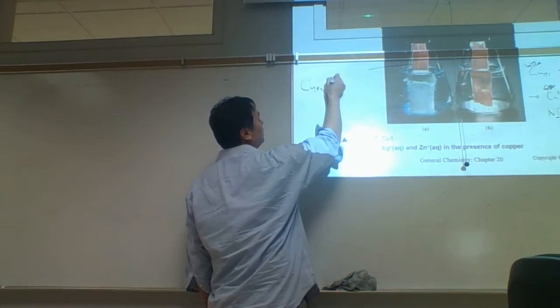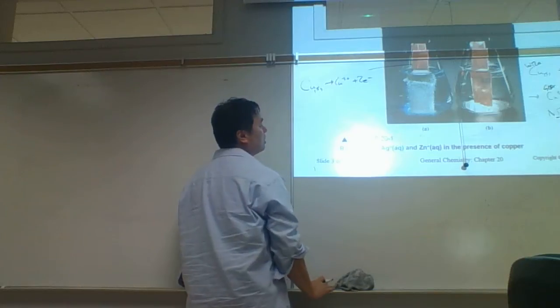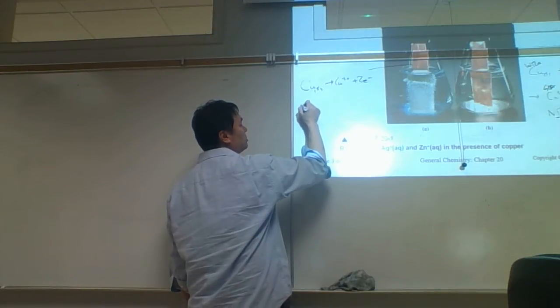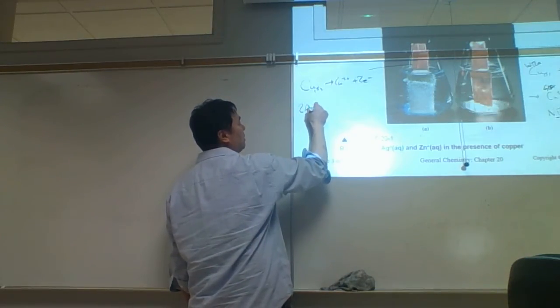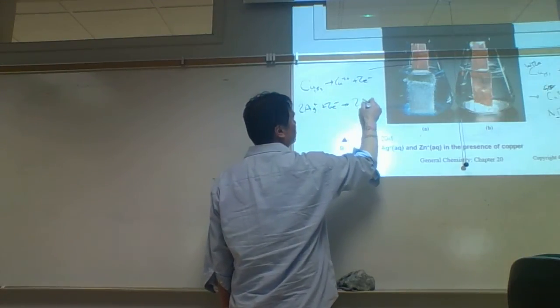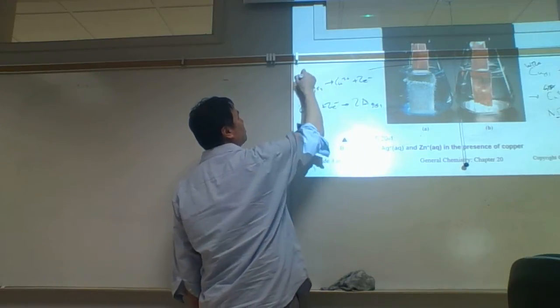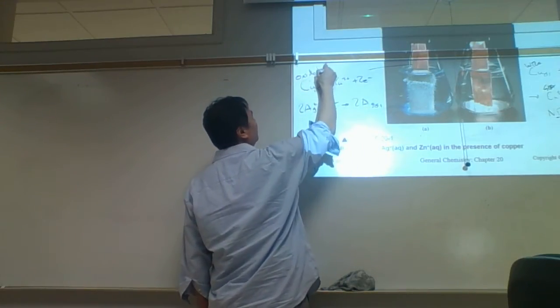There's copper solid going to copper 2+, and the process is going to generate 2 electrons. Those 2 electrons are going to be consumed by 2 silver ions. The 2 silver ions pick up the 2 electrons and form 2 silver solids. The first reaction here is what we call an oxidation half reaction.